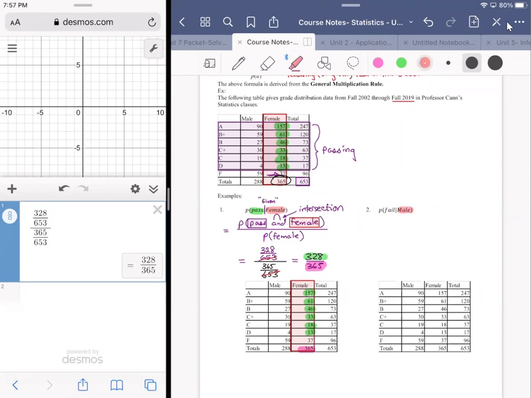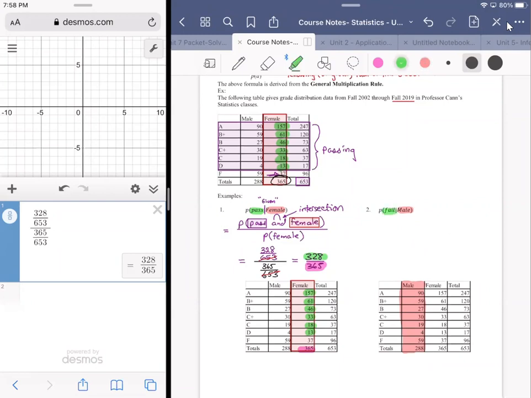So from the group of males, which is this category here, all these folks, it's a given that we're only looking at the males. Now I want to know the probability of failing.